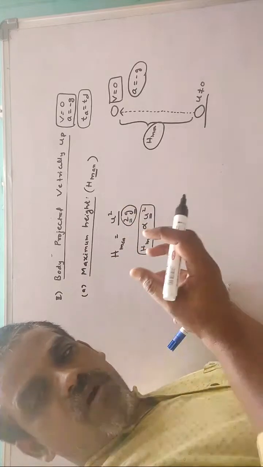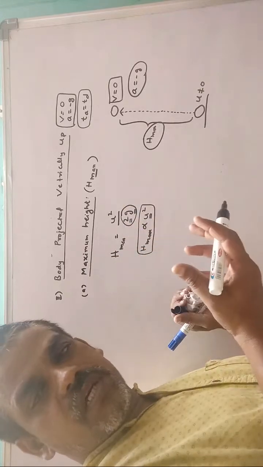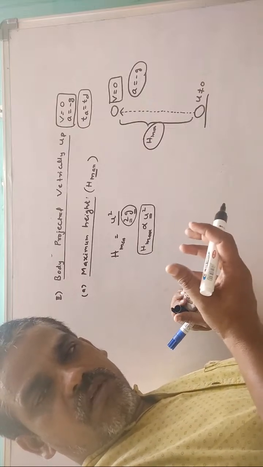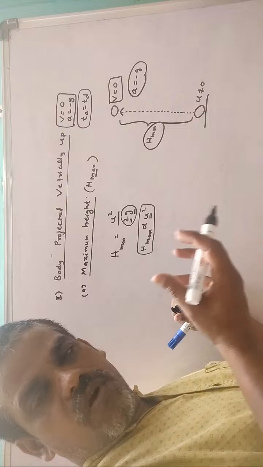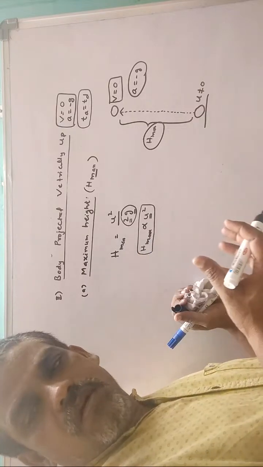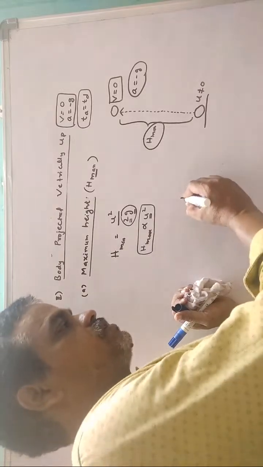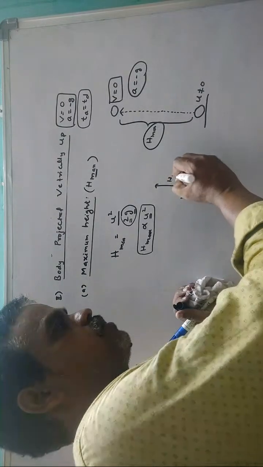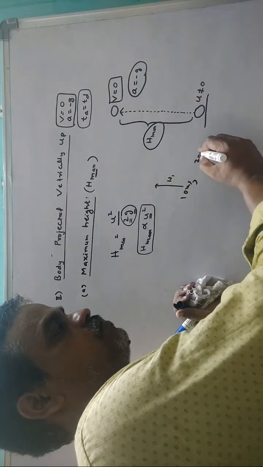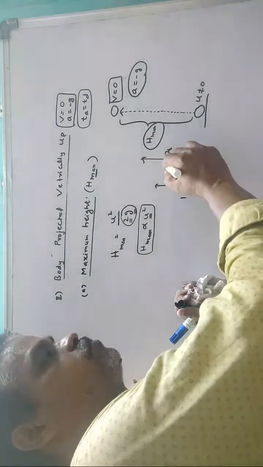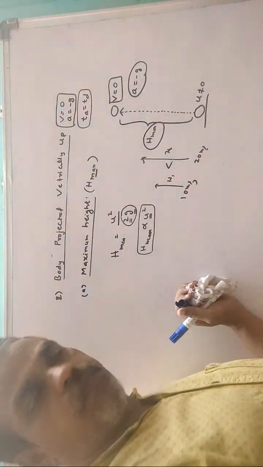If we project with 20 meter per second, in the second case, will the body reach a maximum height greater than in the first case? Yes. For example, with 10 meter per second we are projecting, it will reach h1. If we are projecting with 20 meter per second, it will go h2. So h2 is greater than h1.